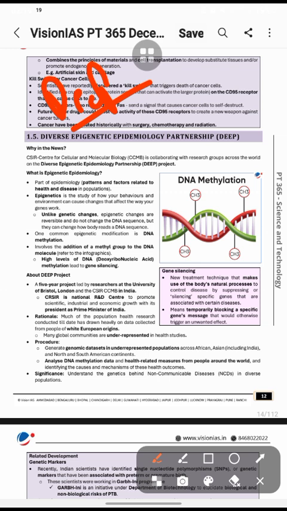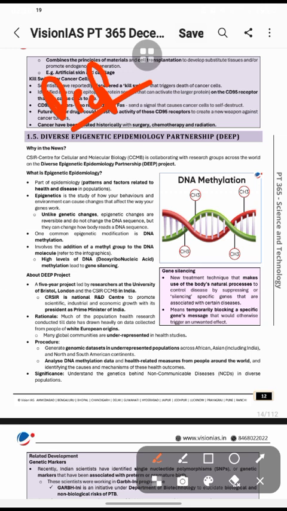Epigenetics is about changes in the DNA, such as the addition of a methyl group to the DNA molecule, deoxyribonucleic acid. Gene silencing is a new treatment that makes use of the body's natural process to control disease, temporarily blocking a specific gene's message.